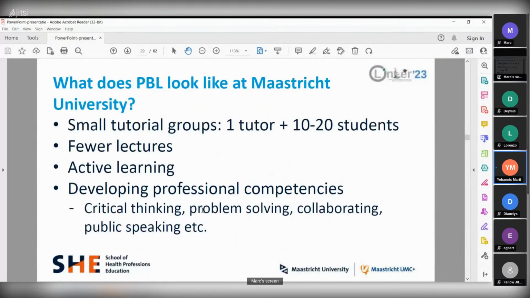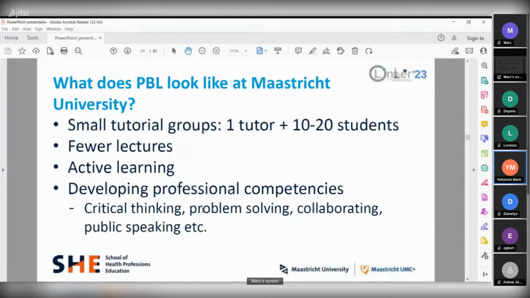So it's small tutorial groups with 1 tutor and 10 to 20 students. We have very few lectures, and we aim for active learning. And while you're doing this, you're already developing professional competencies because you need to collaborate with your group members.